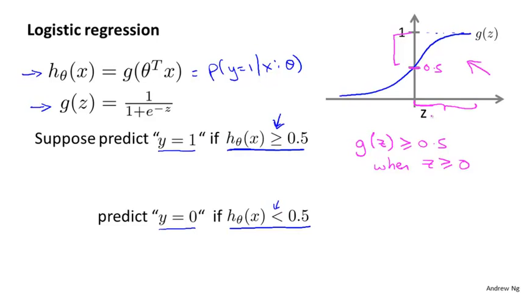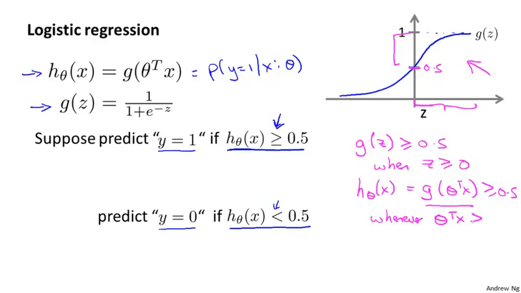And so when z is positive, g of z, the sigmoid function, is greater than or equal to 0.5. Since the hypothesis for logistic regression is h of x equals g of theta transpose x, this is therefore going to be greater than or equal to 0.5 whenever theta transpose x is greater than or equal to 0.